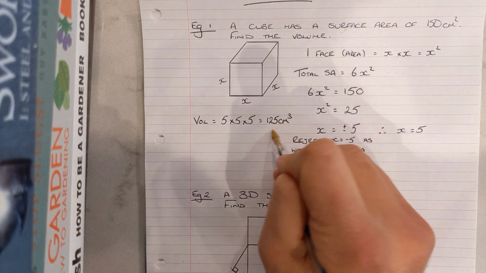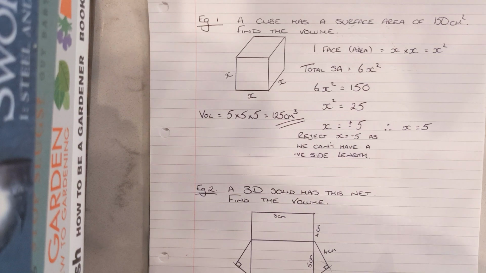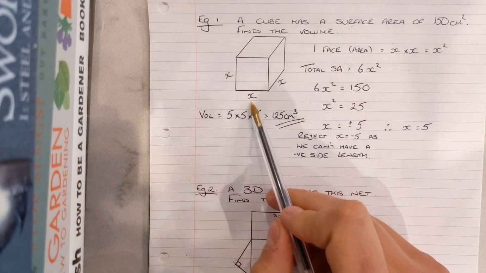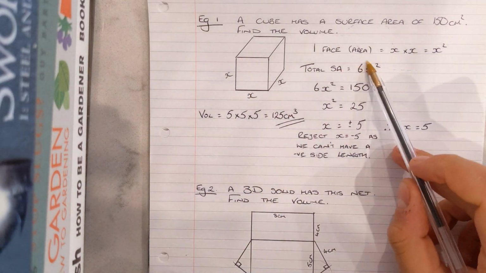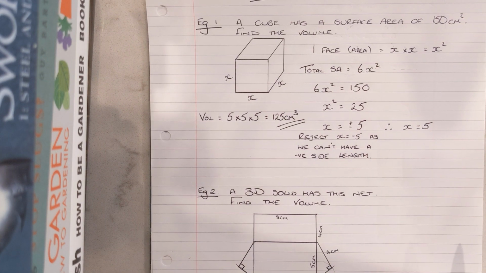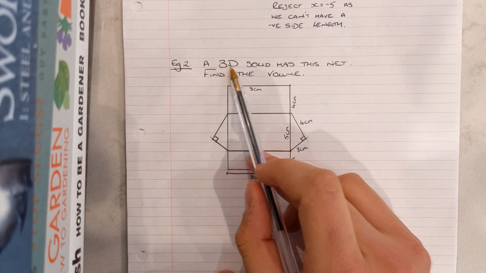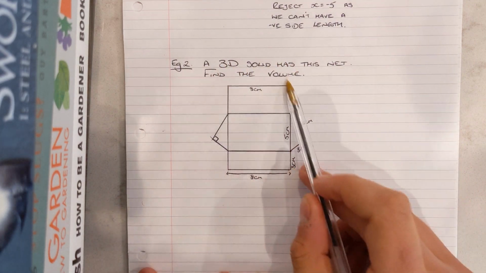So just make sure you are using the same units that they give you in the question. That's how I would go about solving that question. There are obviously other methods. You don't need to use these x's, but I think it's quite a nice layout to solve that question.